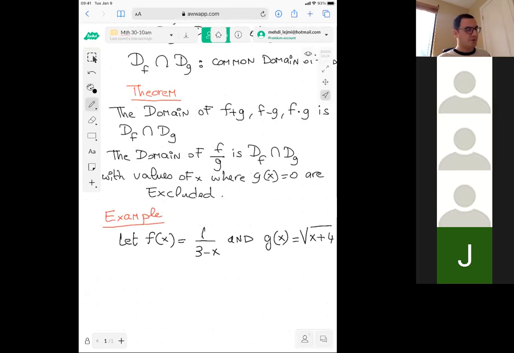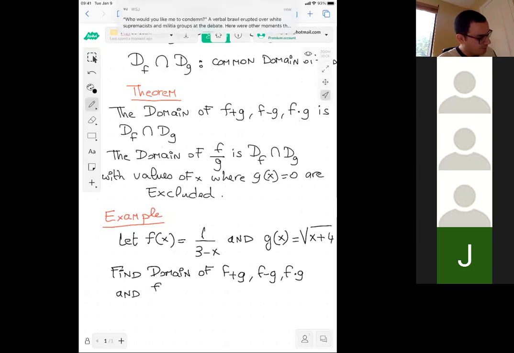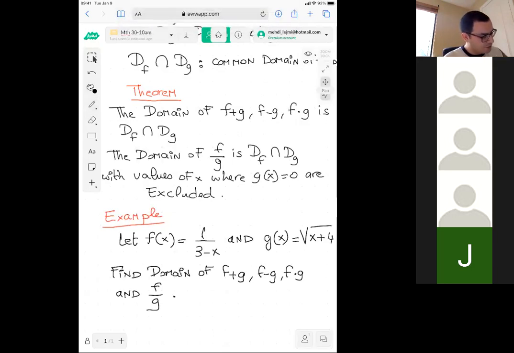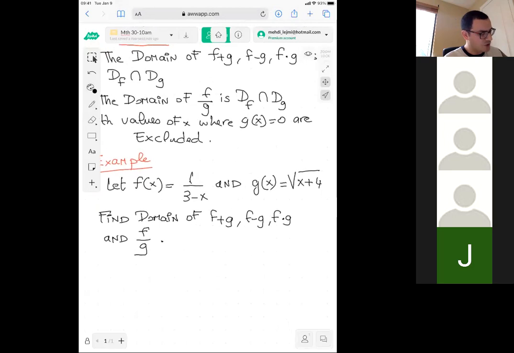The question is: find the domain of f plus g, f minus g, f times g, and f over g.